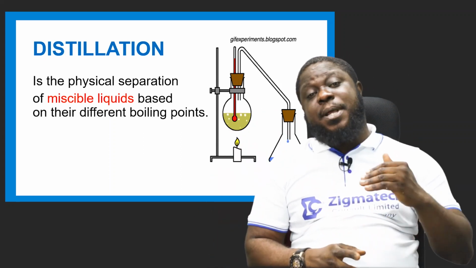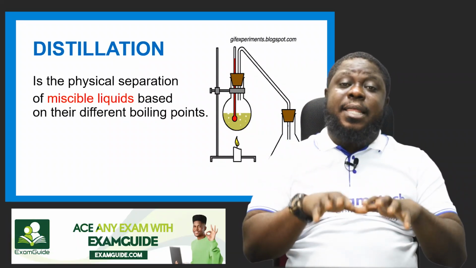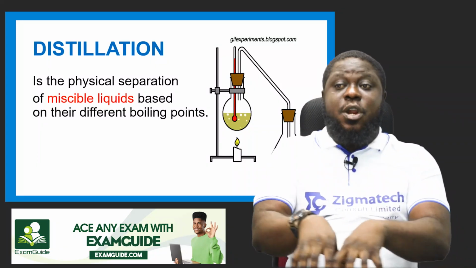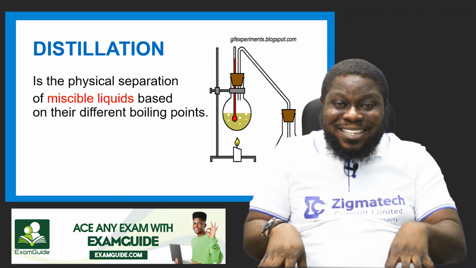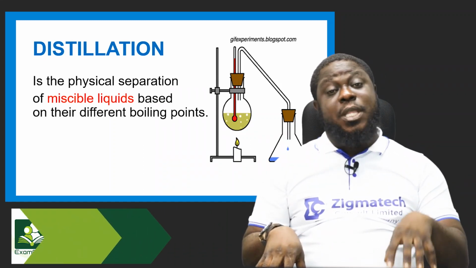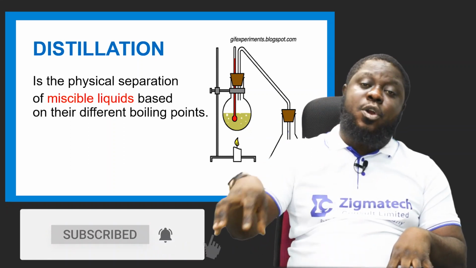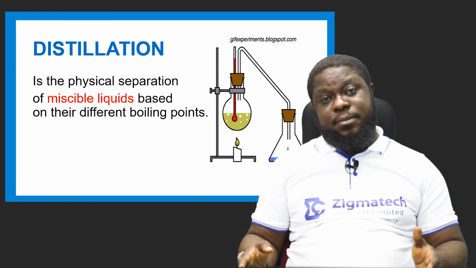In that way, you've separated the ethanol from the water. When the ethanol goes out of that liquid via evaporation into the flask, the water will remain in the container, as you can see. So it has been separated.